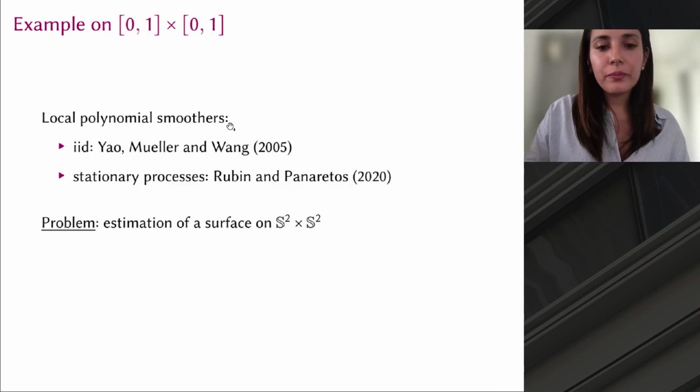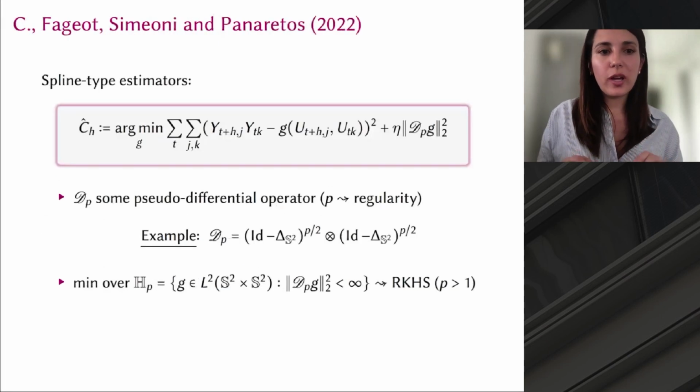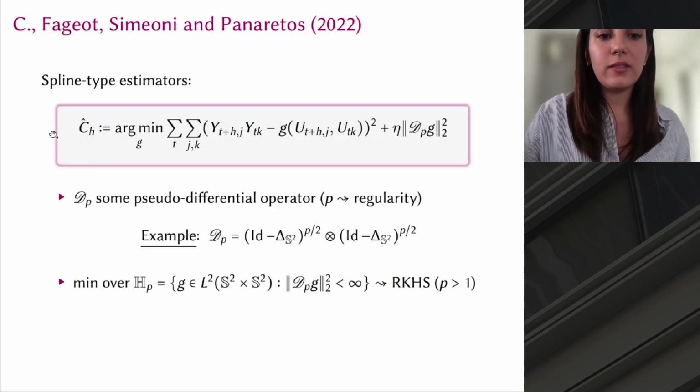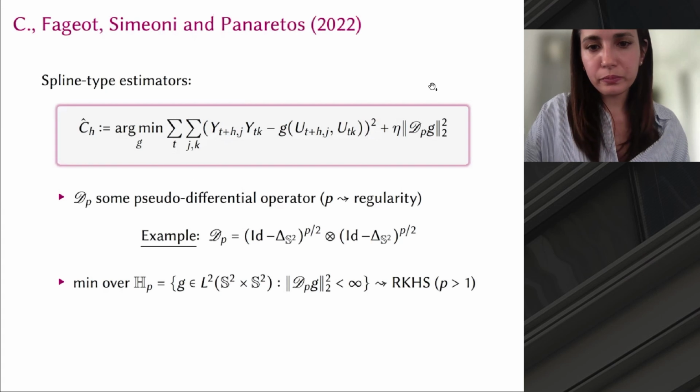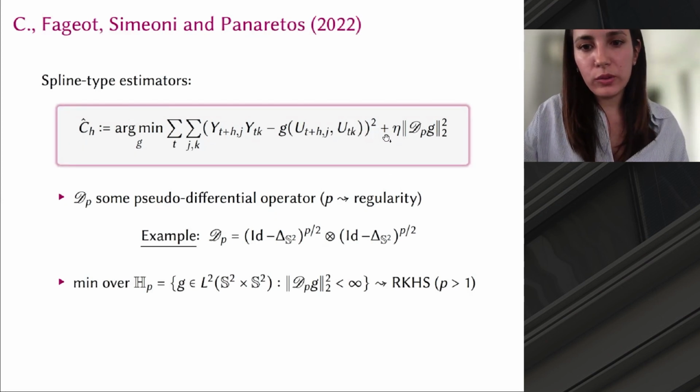So the idea, inspired by Kimeldorf, is to use spline-type estimators. Our estimator is defined as the solution of this minimization problem, in which we have our products, and the squared loss here, and then we add to this quantity a penalty.